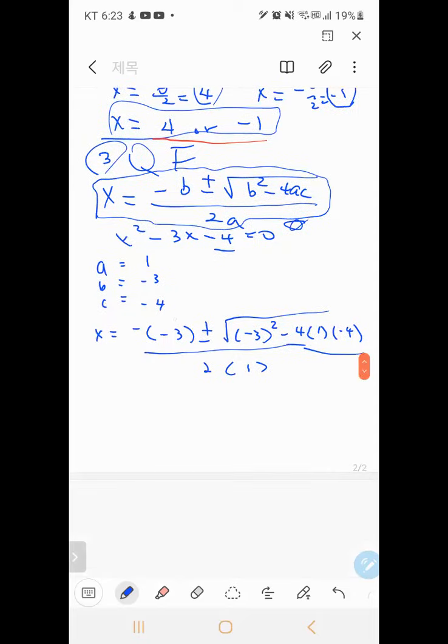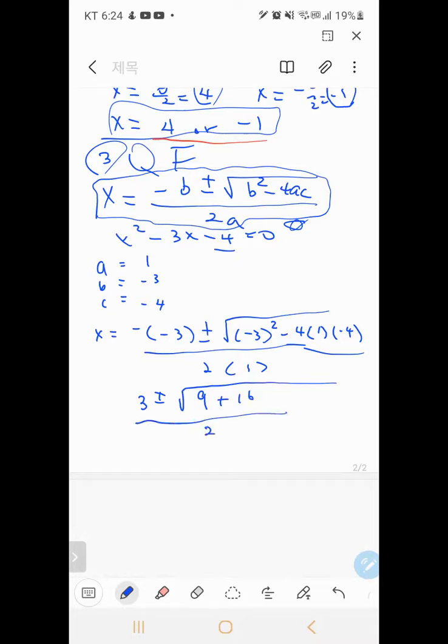Okay, let's calculate. Minus 3 is plus 3, plus or minus the square root of negative 3 squared, which is 9. Be careful of the sign. And then 4 times 1 times minus 4. We have two minuses here, so it's going to be plus 16, all over 2.